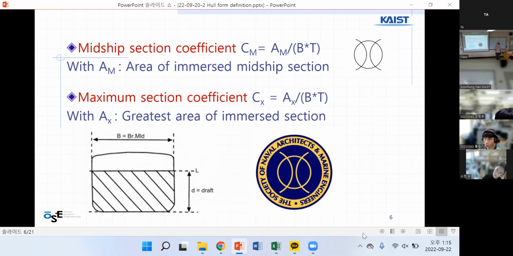We want to know how full or slender the ship is, to evaluate the weight, performance, and resistance. As a designer, I am comparing.